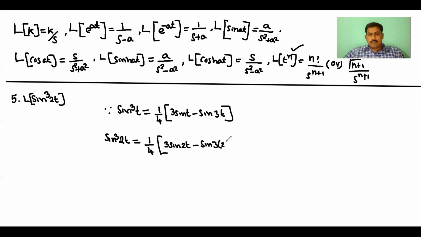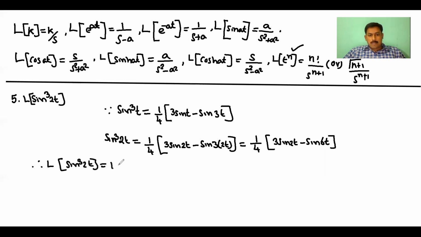Here the t value is 2t. So we will get 1 by 4 into 3 sin 2t minus sin 6t. Therefore L of sin cube 2t can be written as L of 1 by 4 into 3 sin 2t minus sin 6t.